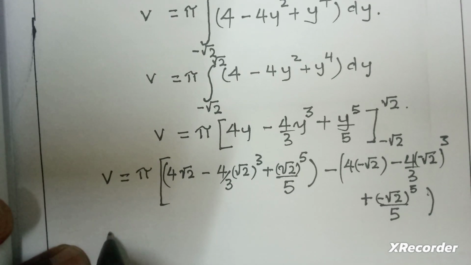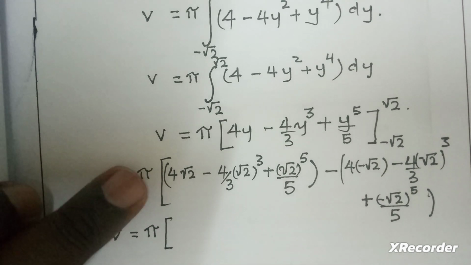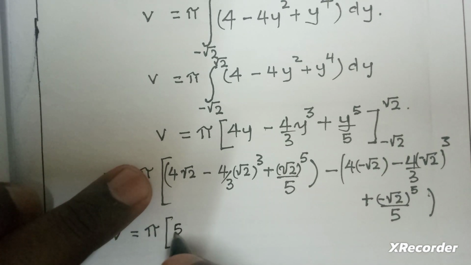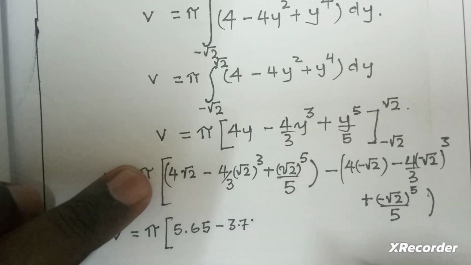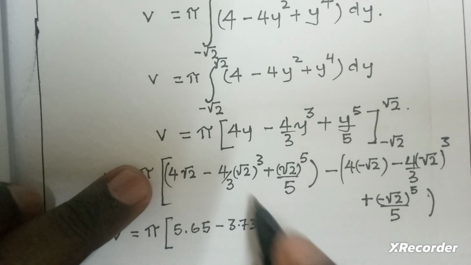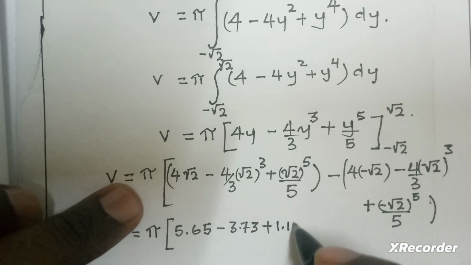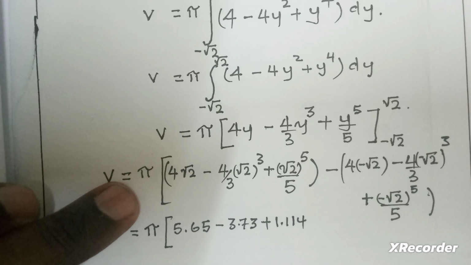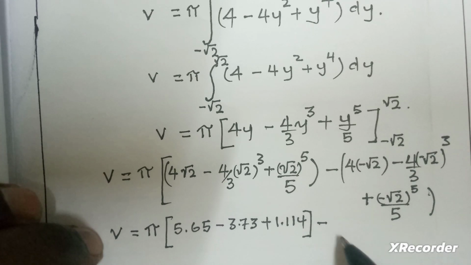So our volume is going to be equal to pi times the bracket. For these, this one is going to be 5.65 by use of a calculator. This one is going to be 3.73 using the calculator, and then finally this one is going to be plus 1.114. Then minus, we can put the lower limit down here.